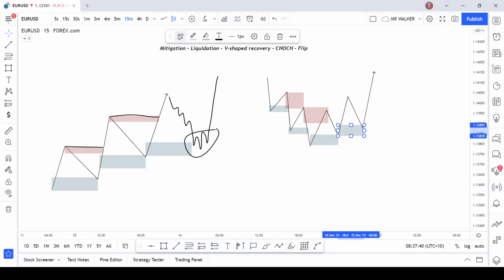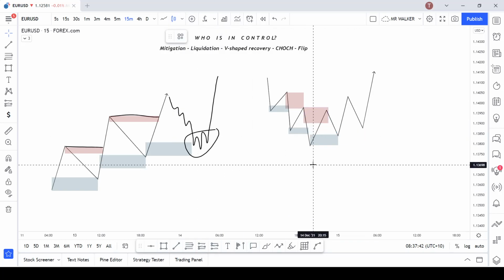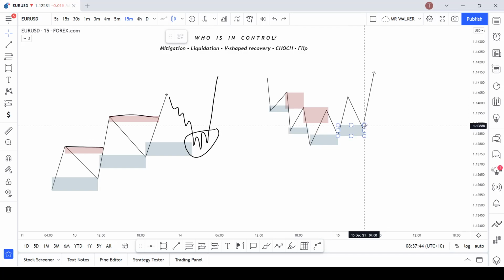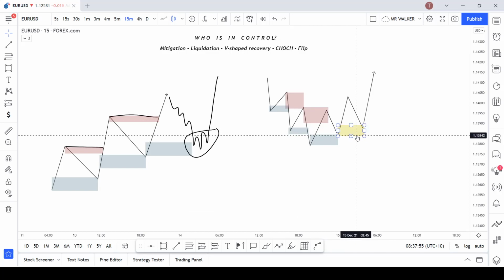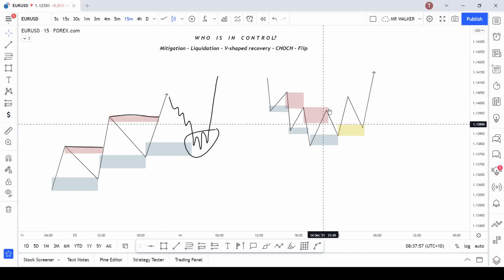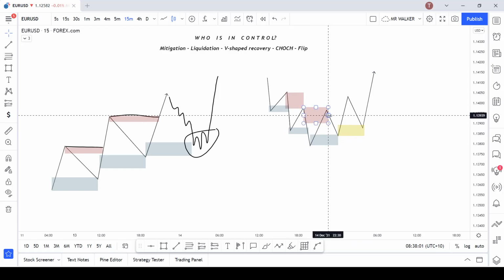Let's make it yellow, right? So, man, my bad. Okay. So this yellow demand took out the supply by taking out the reaction point of the supply, all right?